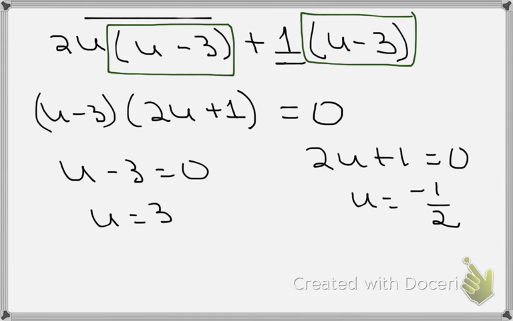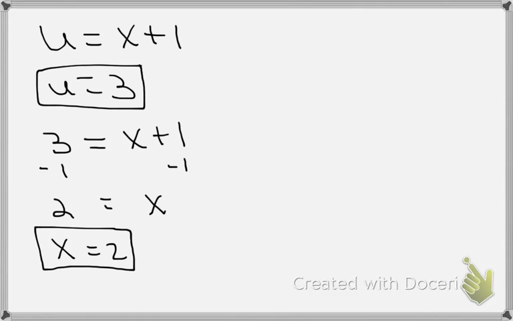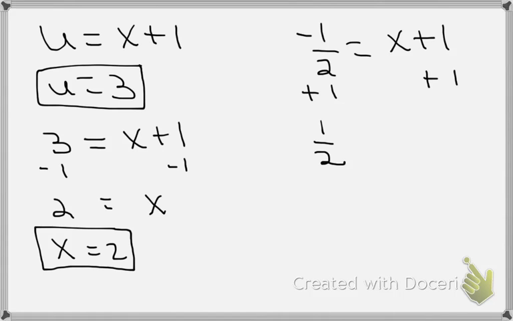And then I'm just going to go back so I can recall what we have here. u is equal to minus 1/2. So let's go ahead and do that one. So I've got minus 1/2 is equal to x plus 1. I'm going to add 1 to both sides. Let's see, when I add 1 to minus 1/2, I get plus 1/2. Oh, I think I made a mistake here, because I'm supposed to be actually subtracting 1, right?